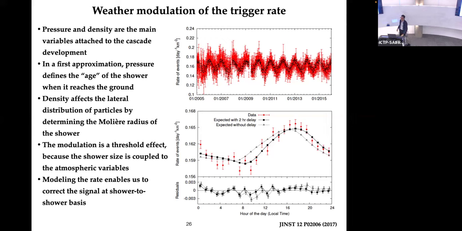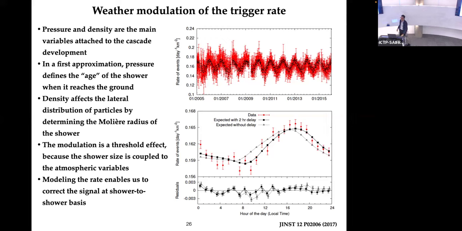This is the amplitude of the modulation in each of the energy bands. This is the phase, the right ascension phase of the dipole. You can interpret this as the direction of the dipole in the equatorial plane.